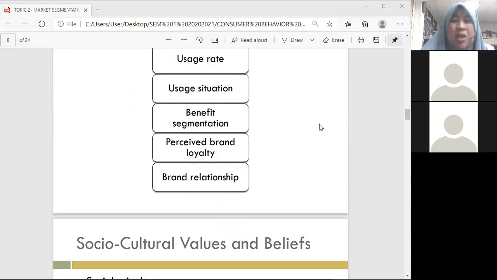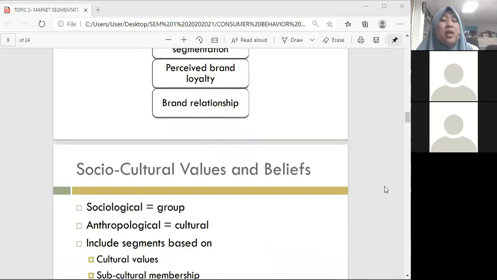You wouldn't replace it with another brand because you are already loyal to this brand, so the brand relationship becomes stronger. Okay, we move to the next one, social cultural values and belief.